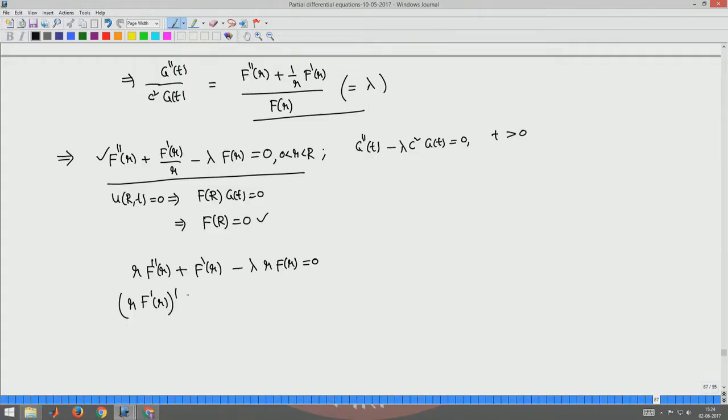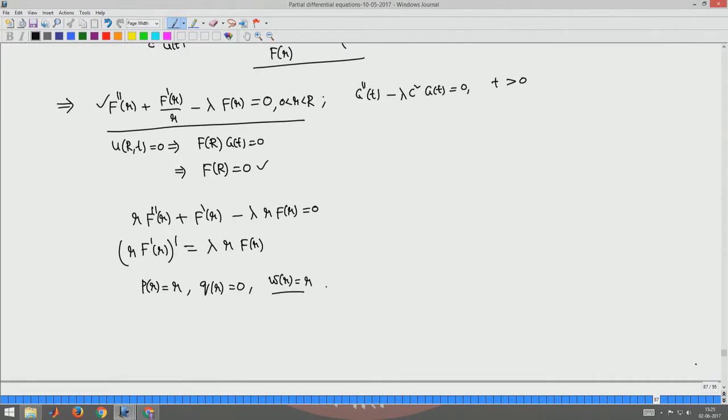So p of r equal to r, q of r is 0, that is q of r into f of r is 0, and you have lambda times w, where w of r is r, into f of r.